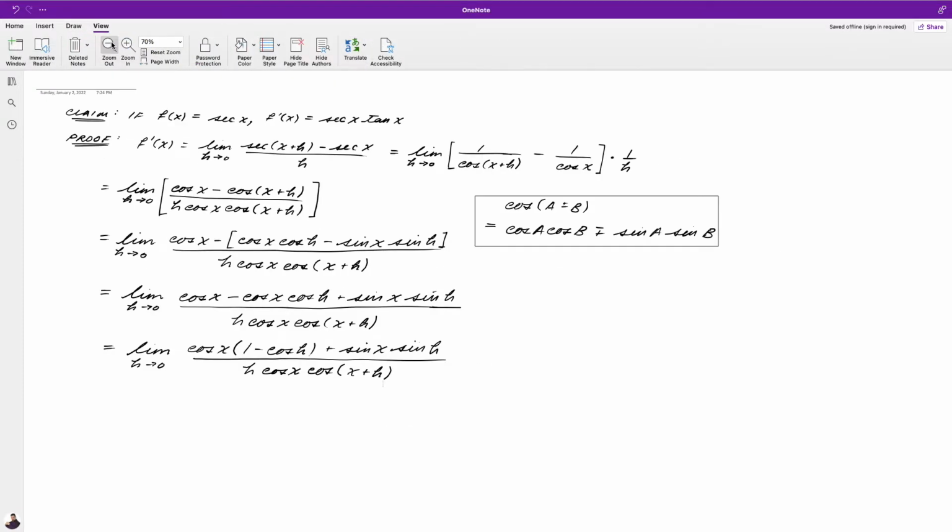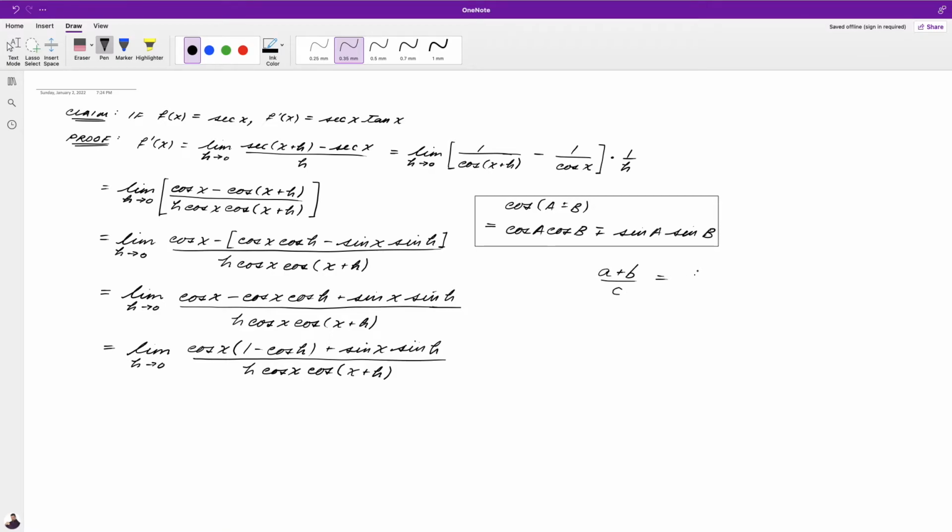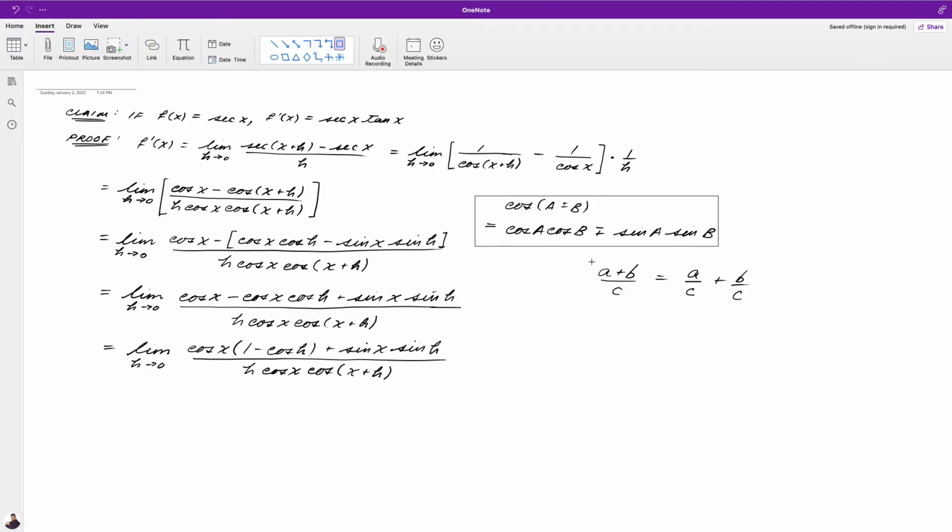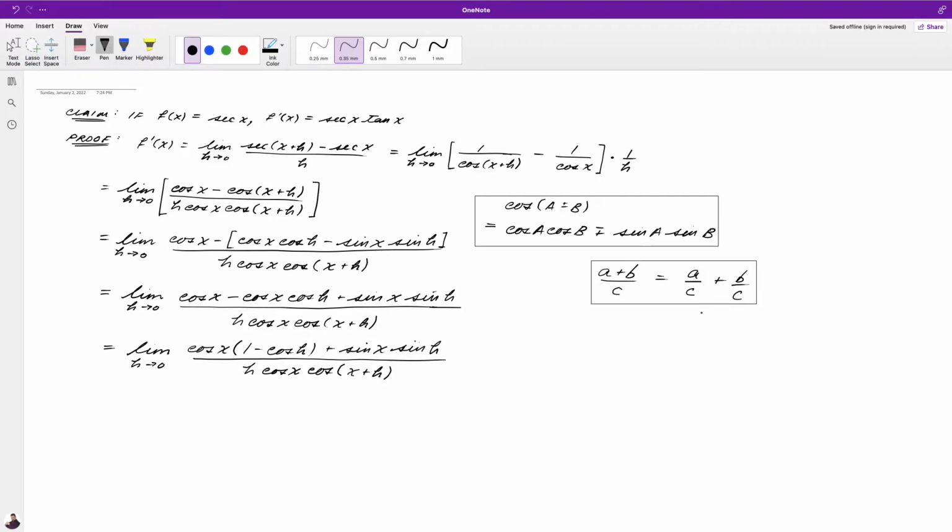All right, now, I am going to use the following property. A plus b over c is equal to a over c plus b over c. Let's put that in the box there. That's the way we define basically division of a sum.